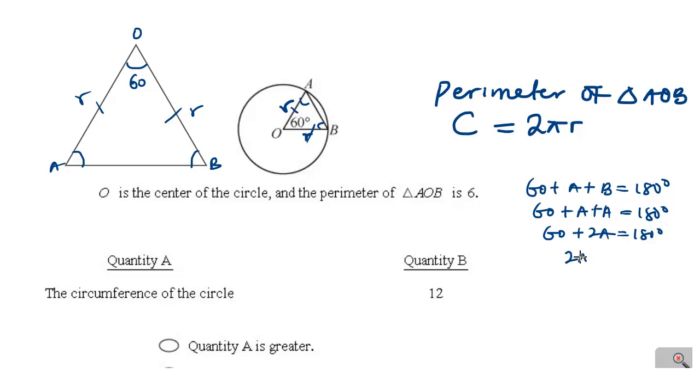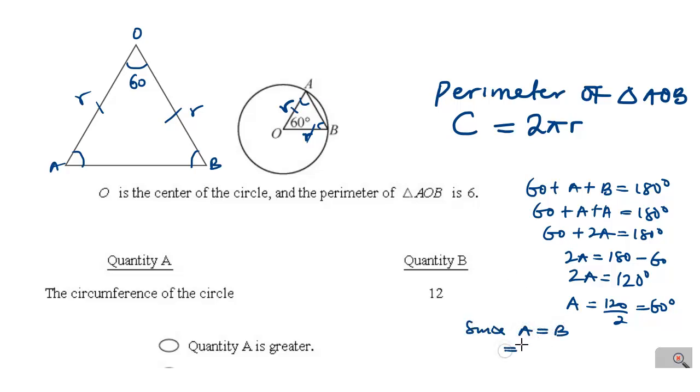Then 2A will be 180 minus 60, which gives us 120 degrees. So A will be 120 divided by 2, which is 60 degrees. And since A is equal to B, B is also 60 degrees. So this is 60 degrees, this is 60 degrees.